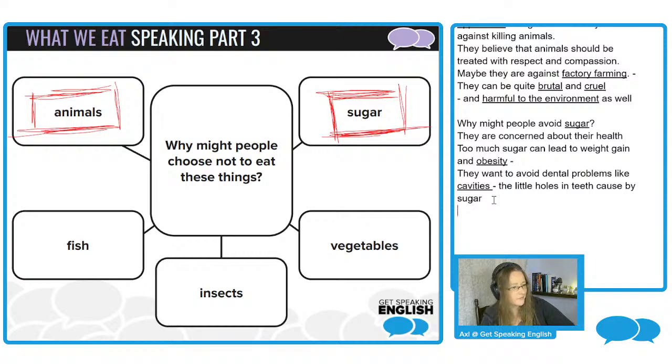So a lot of people want to limit their sugar intake, right? So basically they want to cap or only have a certain amount of sugar that they consume. So they want to limit the amount of sugar they are putting in their body.